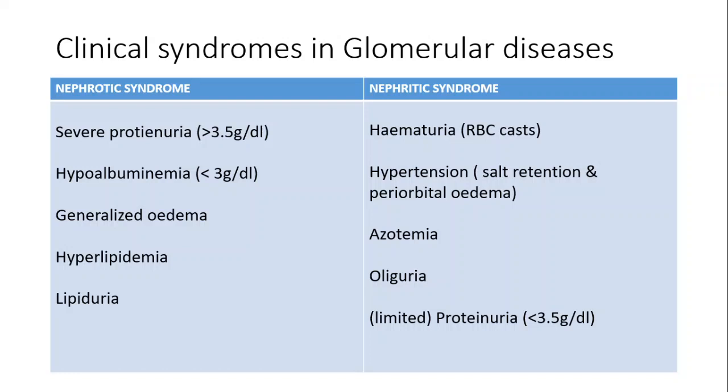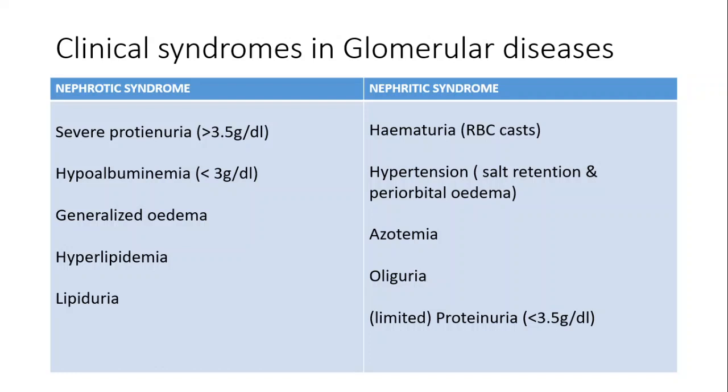If it is sudden onset and terminates in acute renal failure, it will be labeled as acute glomerulonephritis. If the course is slow, progressive, and terminates in chronic renal failure, it will be labeled as chronic glomerulonephritis.